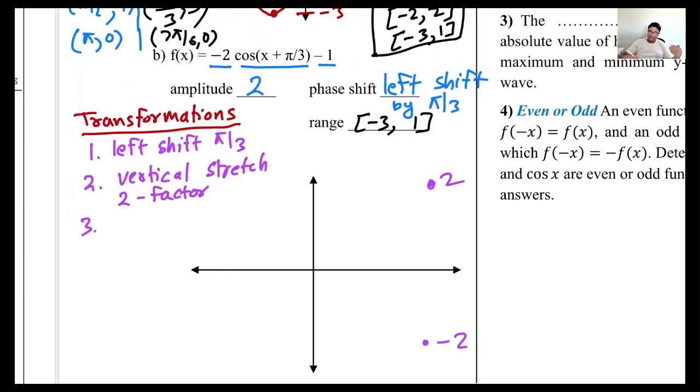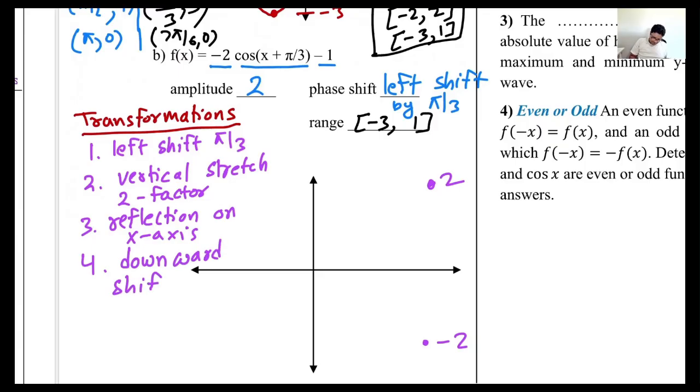So the effect is reflecting on the x-axis. So the next action we did is the reflection on x-axis. And then finally, you subtracted 1 from everything, right? So downward shift, I can write like that. Downward shift 1 unit. Those are the transformations on the graph of cos x.